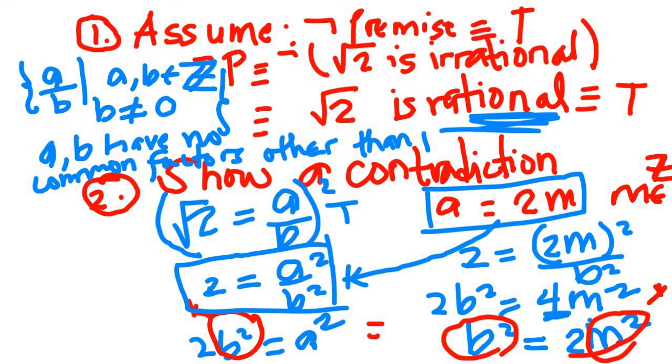Recall that we found out earlier that a is even. So if b squared is even, therefore b is also even.